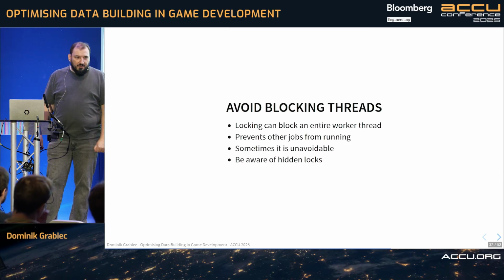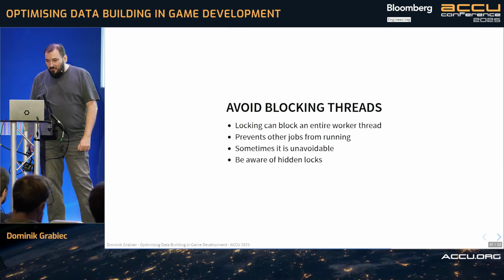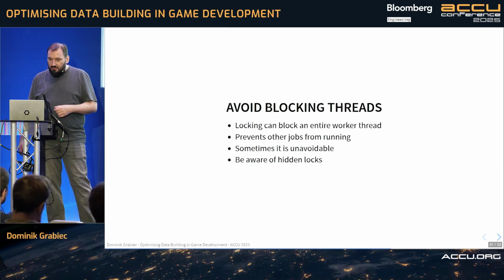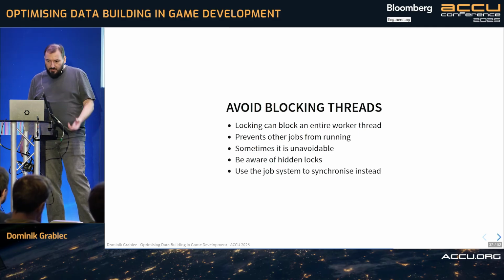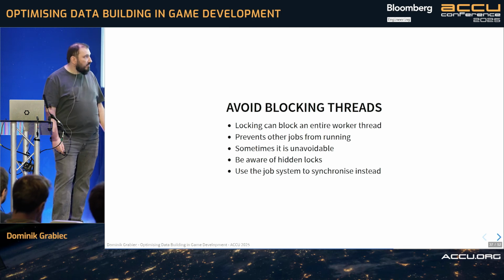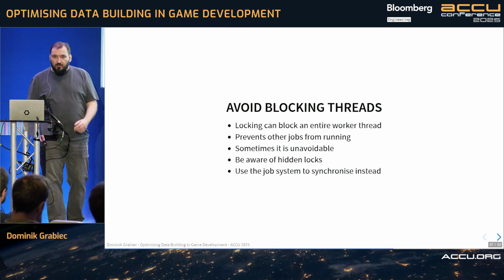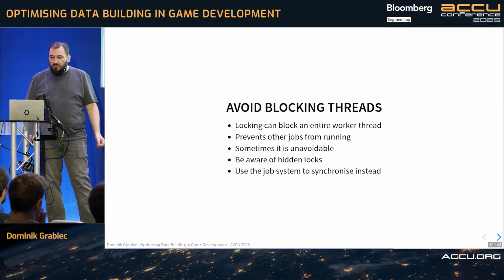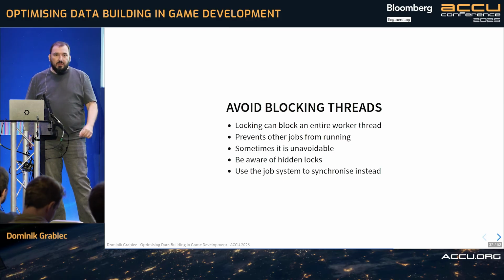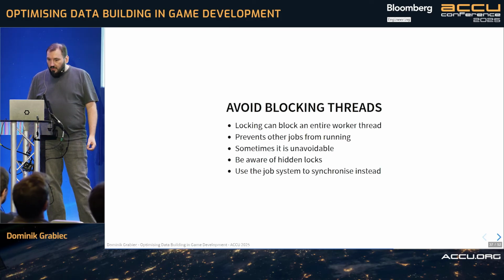Or at least it was when I wrote this. But ideally you have no contention, and instead you try to use the job system, the thing that you have, to synchronize access instead of using locks.